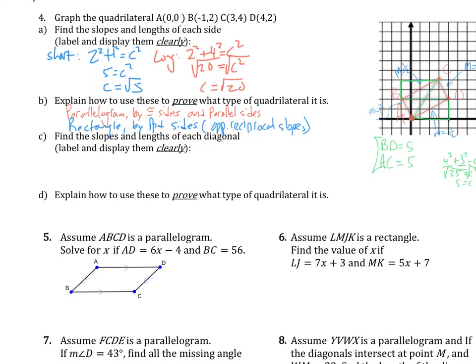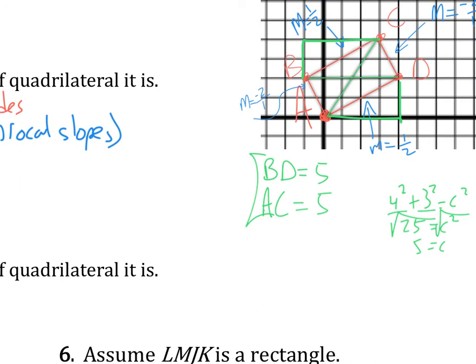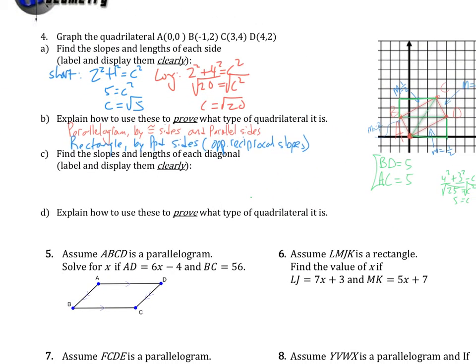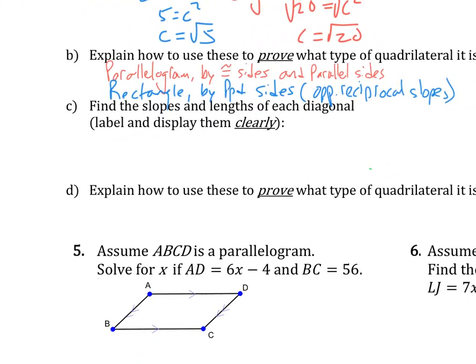Okay, oh, and the slopes, let's talk slopes. We have slopes are 0, and this had a slope of 4/3. That's where these 4 and the 3 came from. So BD, we said was 5, and the slope was 0 for BD.